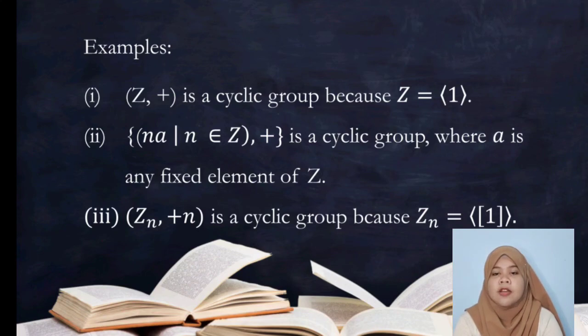Second, we have nZ, for n an element of Z, under plus is a cyclic group where n is a fixed element of Z. Last, we have Z sub n under plus is a cyclic group because Z sub n is generated by the element 1.